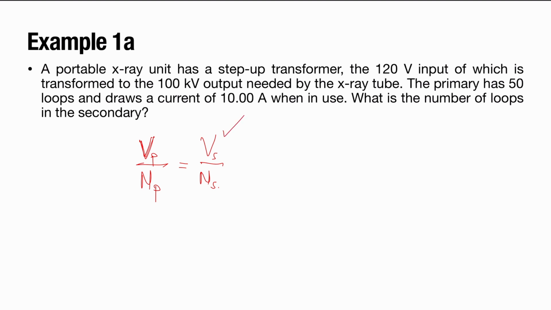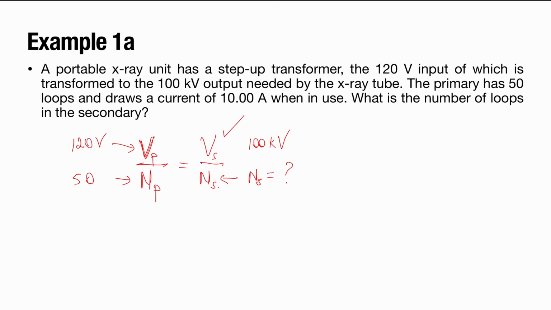We know what VS is supposed to be. This is supposed to be 100 kilovolts. We are interested in NS. It is the number of loops on the secondary side that we'd like to determine. We know what the input source supplies. It supplies 120 volts. And we also know the number of loops on the primary side of our transformer. So this is 50 loops.